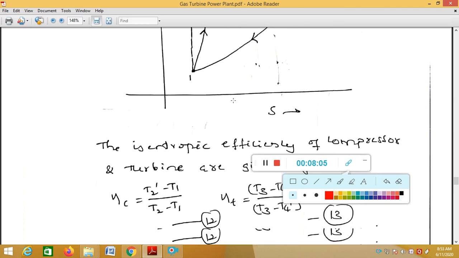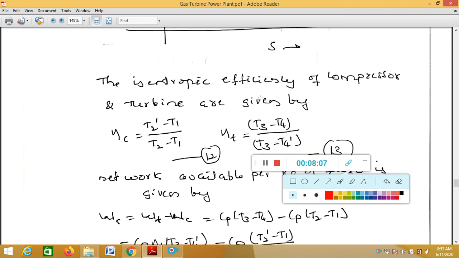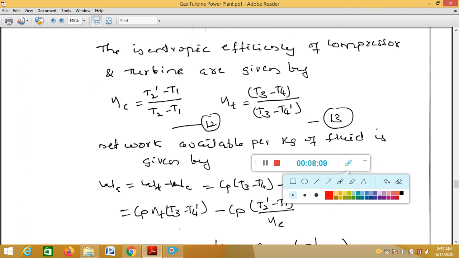Then if we define the isentropic efficiencies of compressor and turbine, they are given by eta C equal to (T2 dash minus T1) divided by (T2 minus T1), and eta T equal to (T3 minus T4) divided by (T3 minus T4 dash).